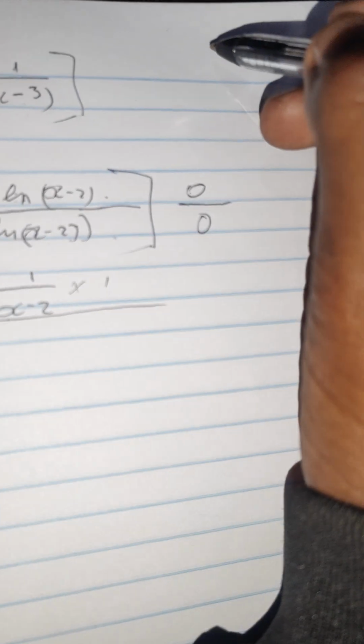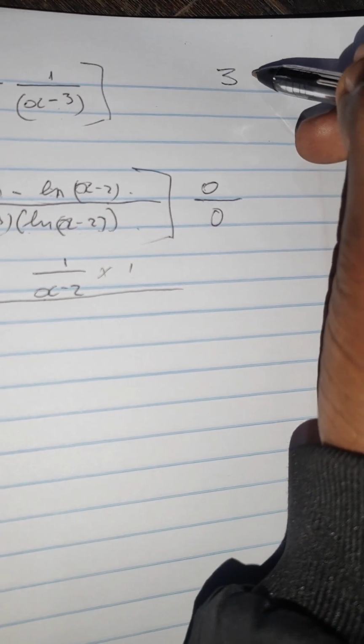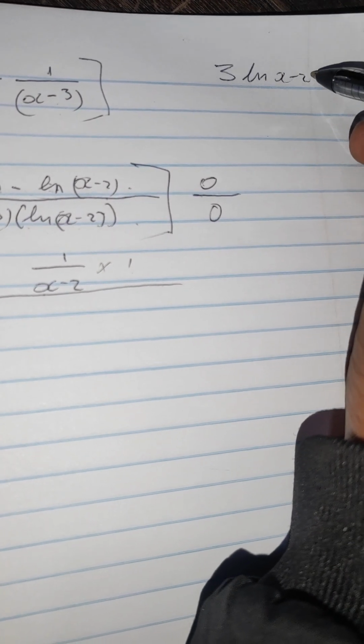Now we're deriving the denominator, right? So at the denominator we're having two equations that are multiplying each other, where there is an x minus 3 in brackets, and then there is a ln of x minus 2. It is different from something that is maybe like 3 times ln of x minus 2, right?